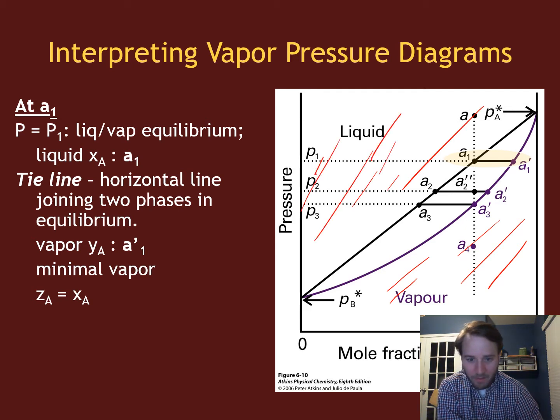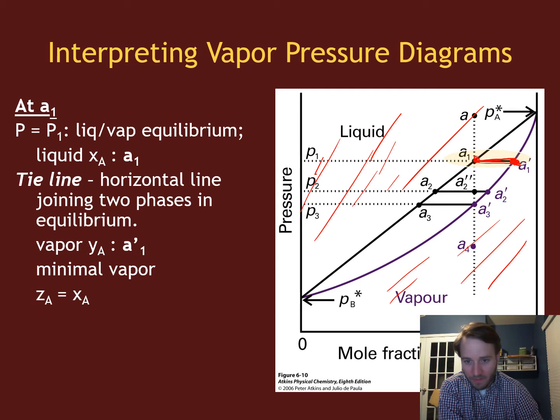At point A1, the composition of the vapor phase is going to be represented by the composition at that pressure for that phase boundary. So I just draw a horizontal line connecting the top phase boundary with the bottom phase boundary.